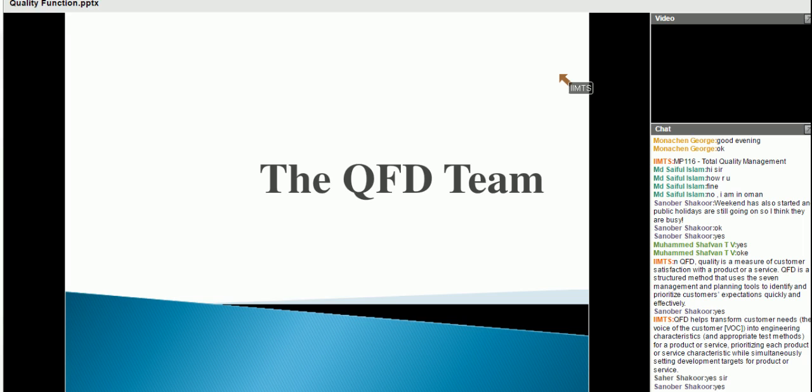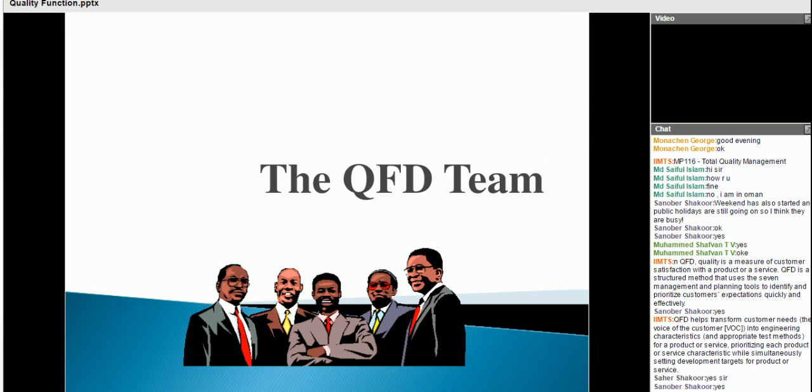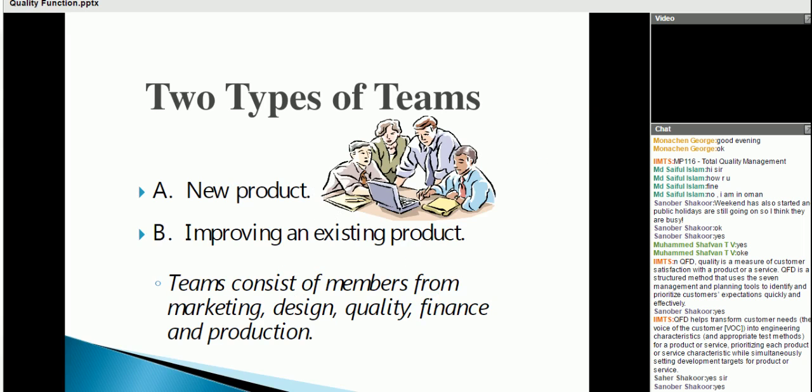In all organizations, there is a specific QFD team, the quality function deployment team. In general, there are two types of QFD teams: one who looks after the new product and the other who looks after the improvement of the existing product. Teams consist of members from the marketing, design, quality, finance and production departments.